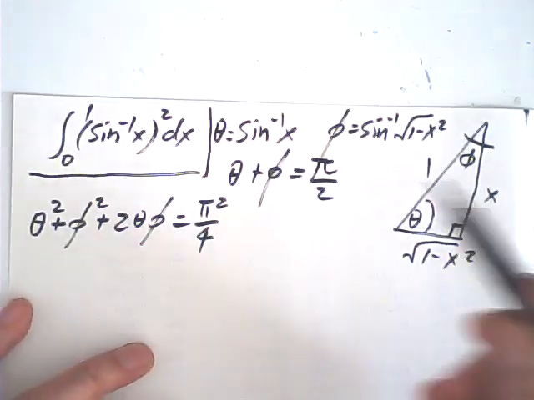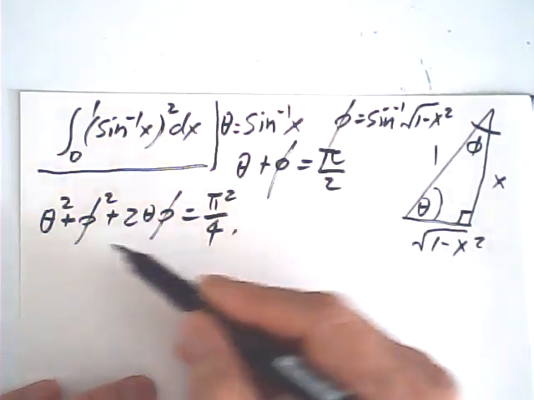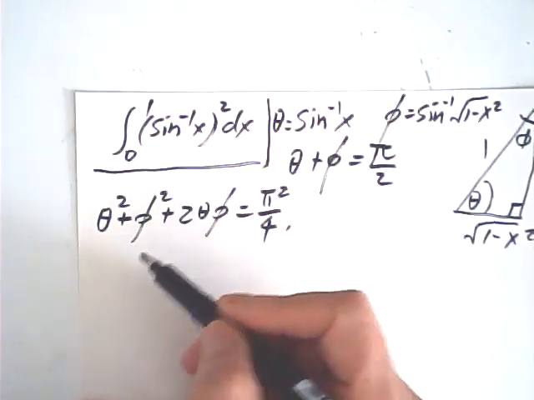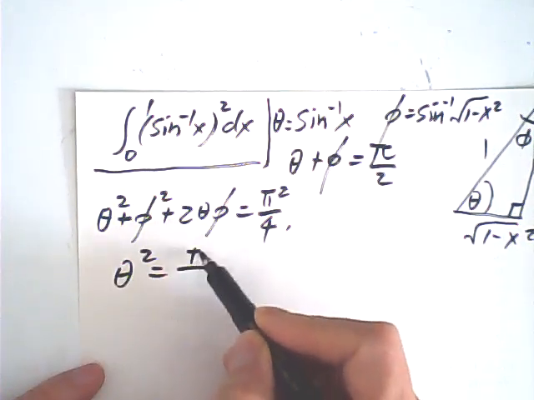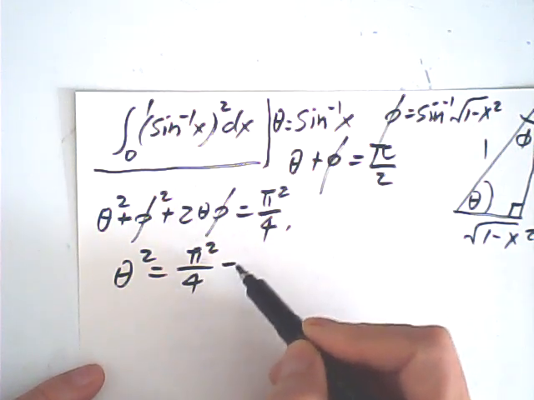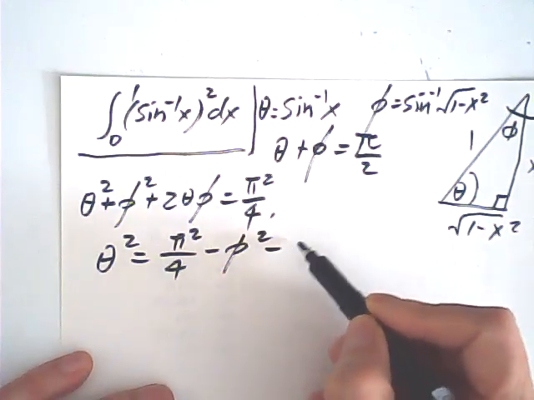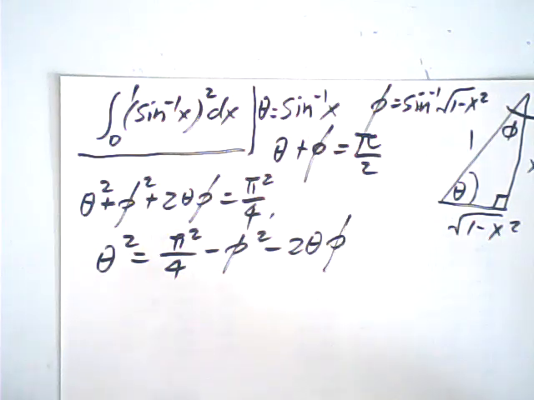From which we can find, well, let me change the line. Theta squared is equal to pi squared over 4 minus phi squared minus 2 theta phi.